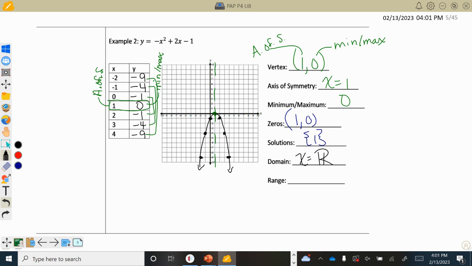And our range, this time we have a maximum. So our range is going to be y is less than or equal to our 0. Okay. So we have a maximum because it opened down. All right. So there are our key features for a quadratic function.